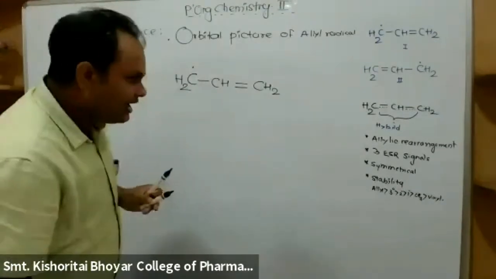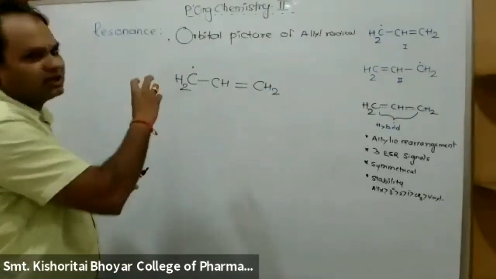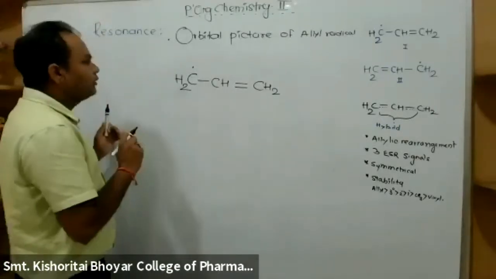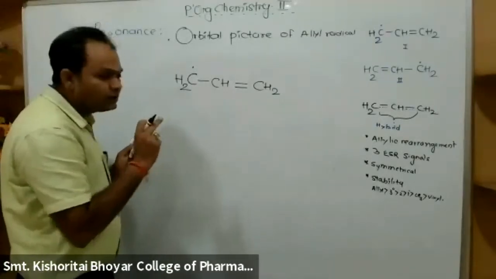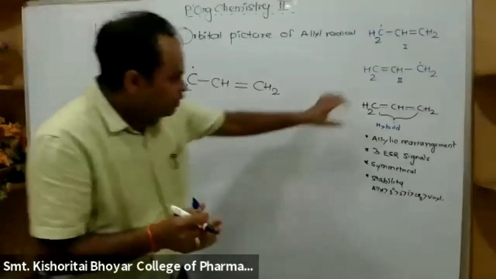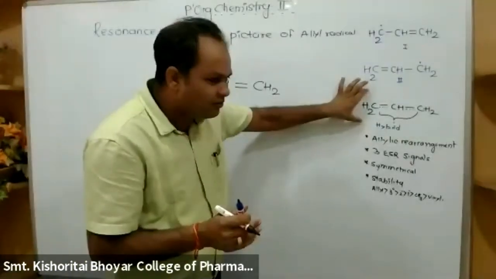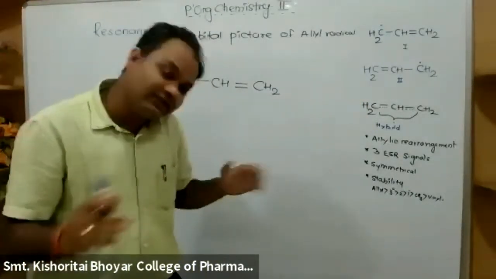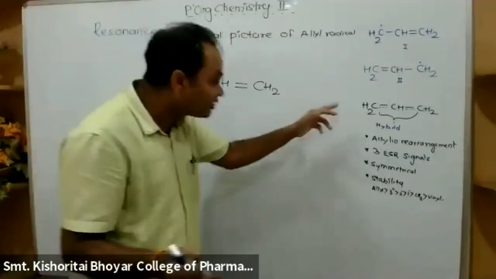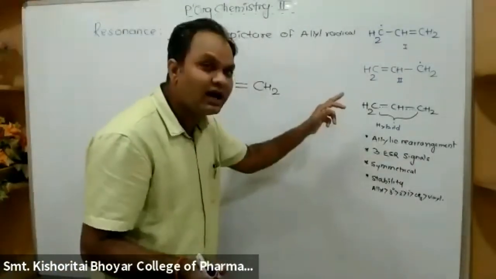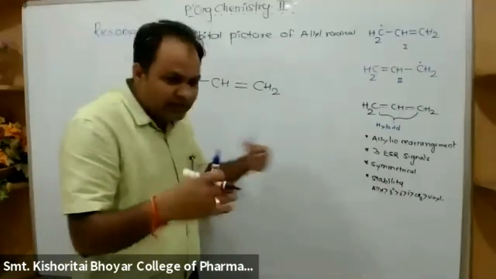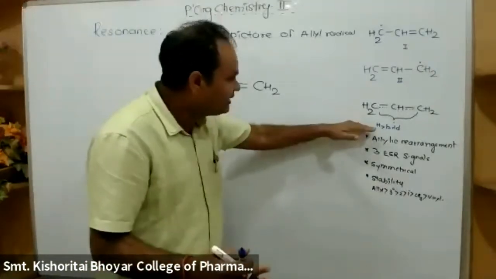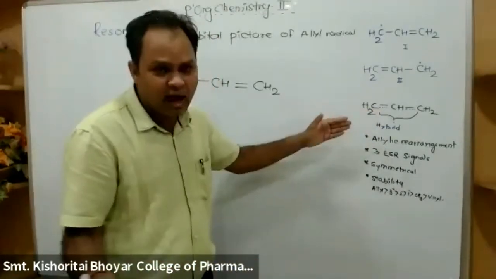If you see this picture very carefully, listen very carefully. हम एक पॉइंट क्यों देख रहे हैं ऑर्बिटल पिक्चर कि हाइब्रिड स्ट्रक्चर जो हम बोल रहे हैं allyl radical का इस तरीके का है जिसमें 1.5 बॉन्ड है, सही में ऐसा है क्या? This is the question, ऐसा हो सकता है क्या? Yes, I am explaining this. This is the hybrid structure, but during writing we cannot write like this. Actually the allyl radical has this type of structure, which has a 1.5 bond.